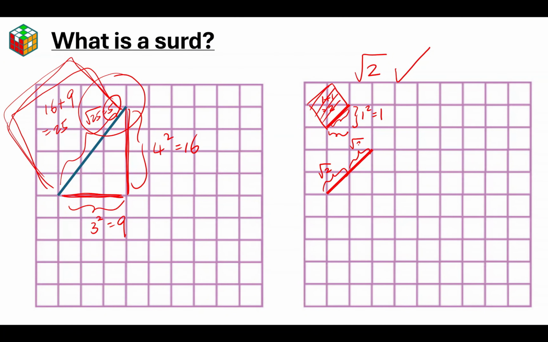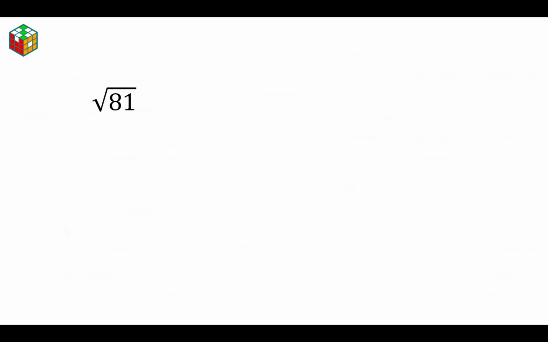That is also a root 2. 2 lots of root 2, we can write it as 2 root 2. This is a root 2. That is also a root 2. 3 lots of root 2, we can write it as 3 root 2. And that is the basic of understanding what is a surd.